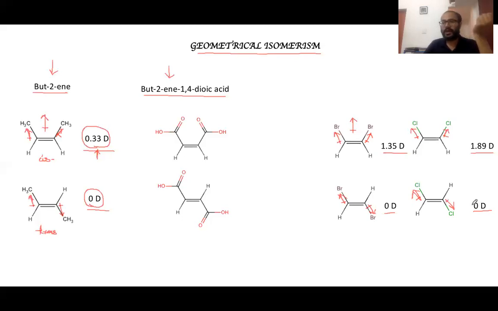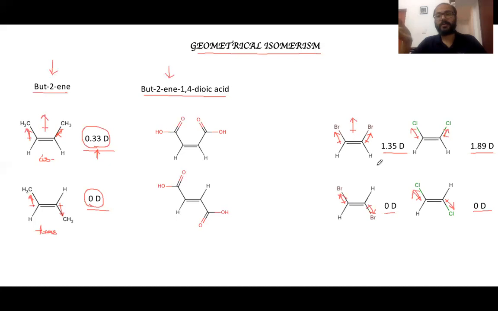So this is how you can see that both melting point as well as dipole moment can be used as a property on the basis of which you can distinguish between a cis and a trans isomer. So when we talk about melting point, a trans isomer will have a higher melting point compared to a cis isomer.